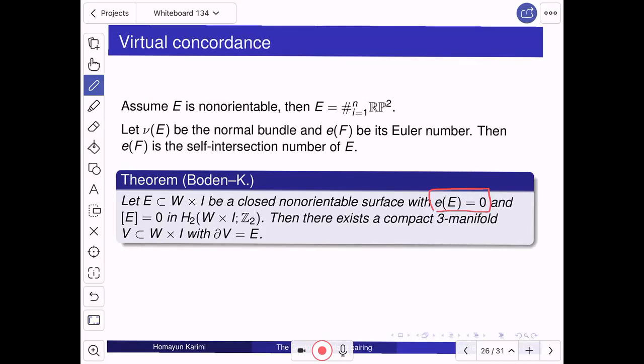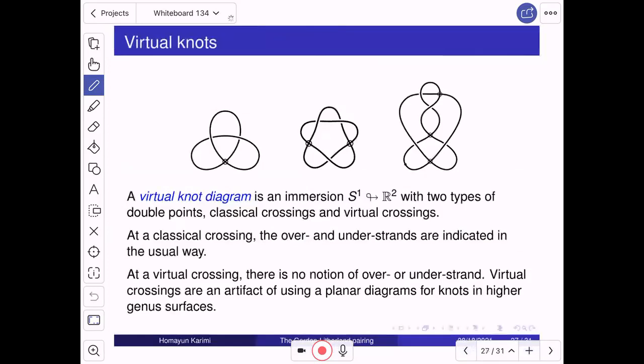And also E should represent the zero homology class inside W cross I with Z2 coefficients. Those are necessary conditions if you have a three-manifold V which bounds E. And what we proved here is that these two conditions are sufficient as well. So as long as you have these two conditions, then you can find the three-manifold V which bounds E. Once you have this result, then you can prove the previous result about the signature of slice knots. Okay, and that was the second application.